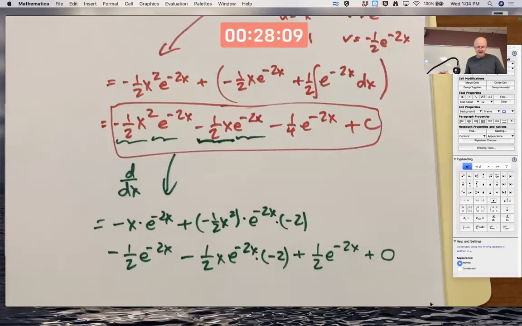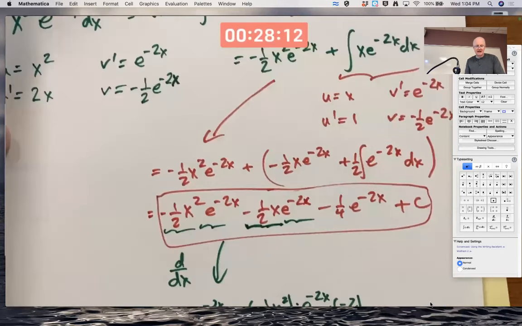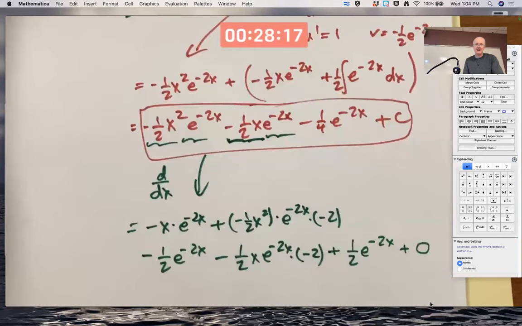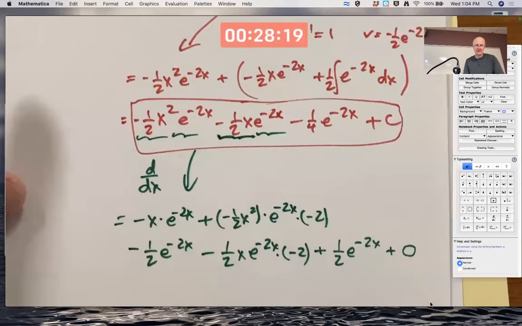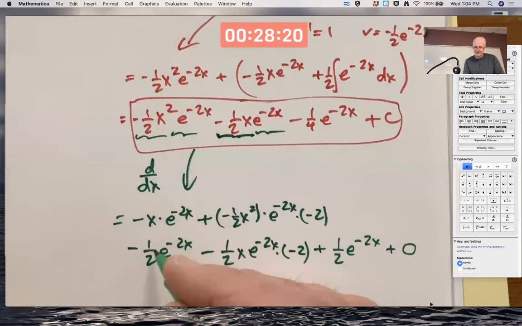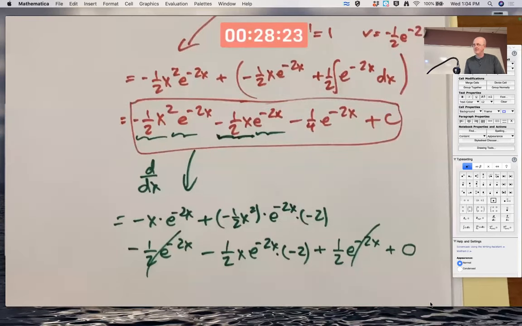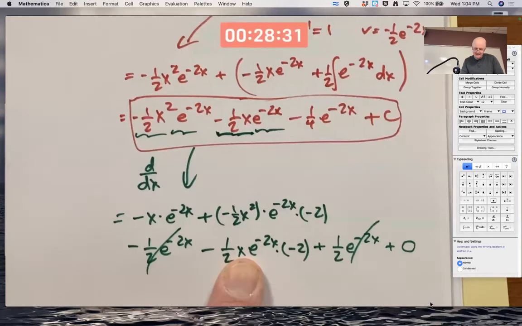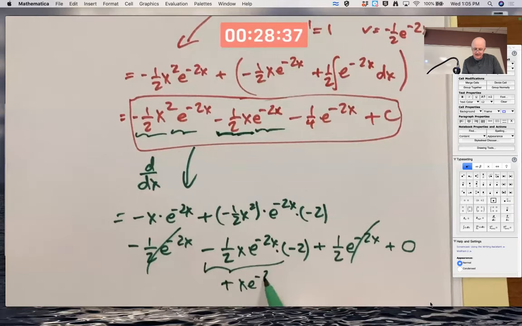What's supposed to happen here? I guess a bunch of stuff must cancel because I'm supposed to get x squared e to the negative 2x at the end. Okay, we better be careful. Well, okay, this cancels with this for sure. And yeah, let's see. This ends up equaling plus x e to the negative 2x.